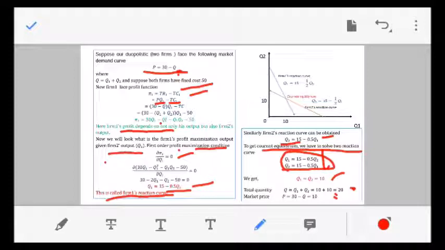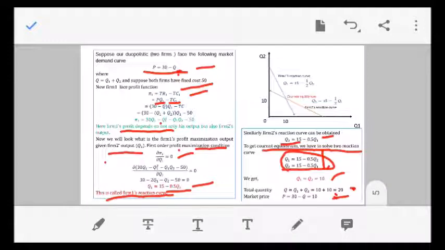The market price is given by 30 minus Q, where Q is the total market quantity, 20, so the price is 10. So automatically the farms' output is decided. This is all about the Cournot equilibrium. Thank you.